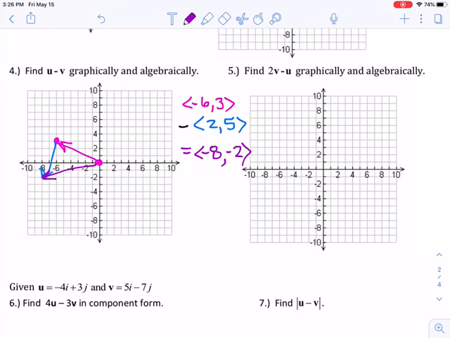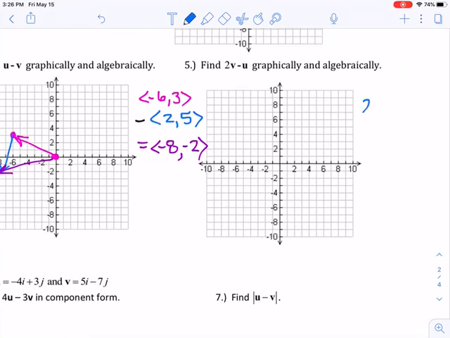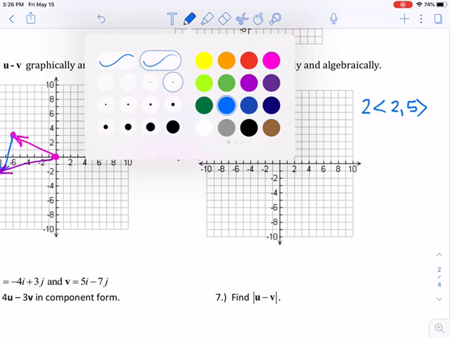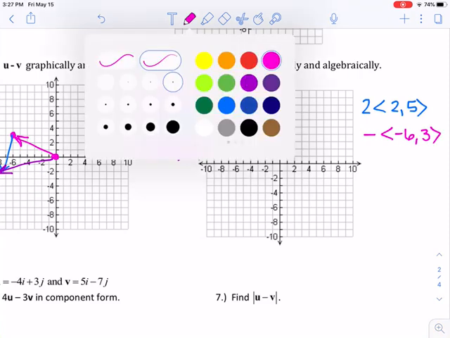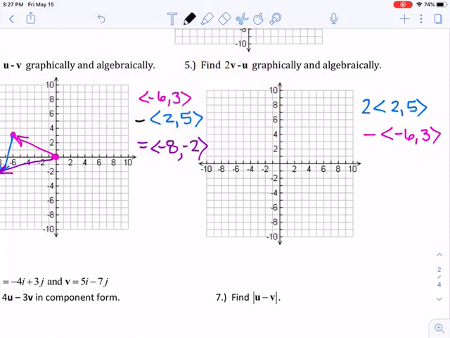You can also multiply your vector by a scalar multiple. In question 5, we want to take 2v minus u. So we're going to take 2 times the vector 2, 5, and then we want to subtract off our vector negative 6, 3. If we do this algebraically, we're going to distribute our 2, so that's going to be the vector 4, 10.